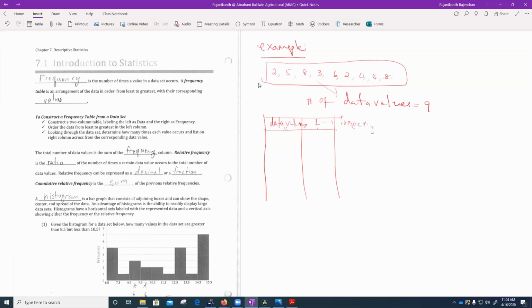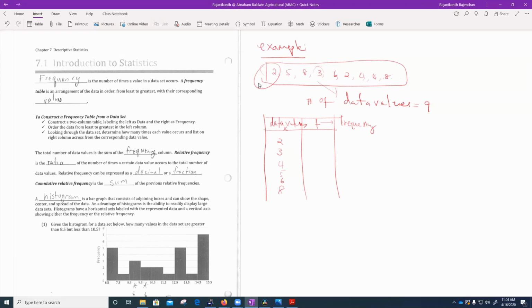So you have to list all the different data values, from the smallest to the highest. The smallest data value is 2. The next value I have is 3. Then I have 4, 5, 6. I don't have 7, but I have 8, right?